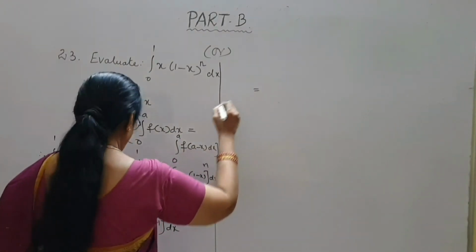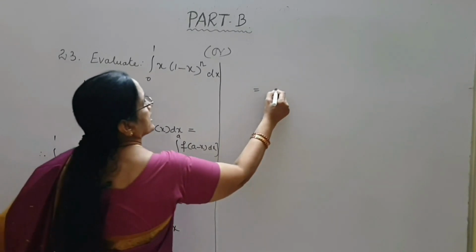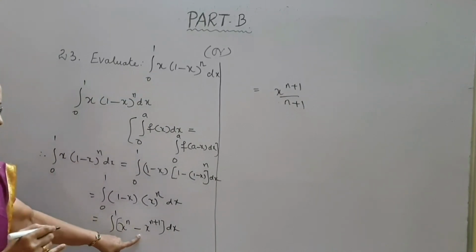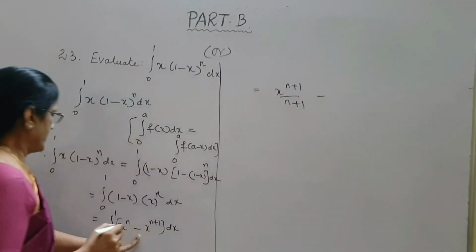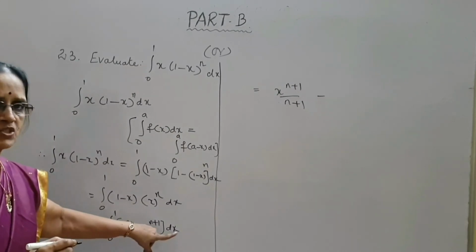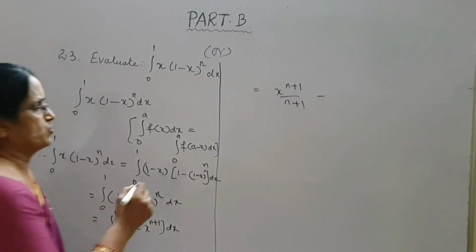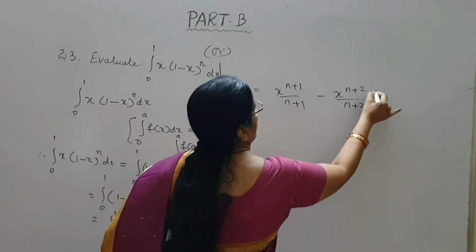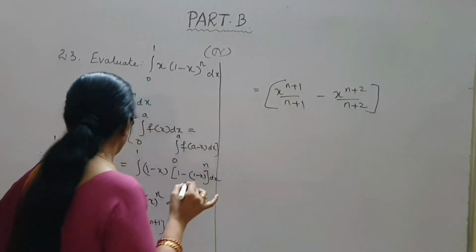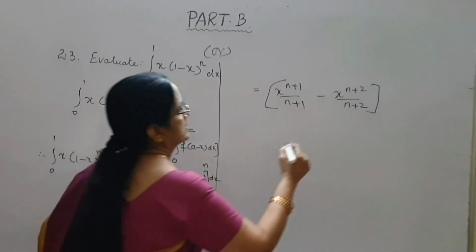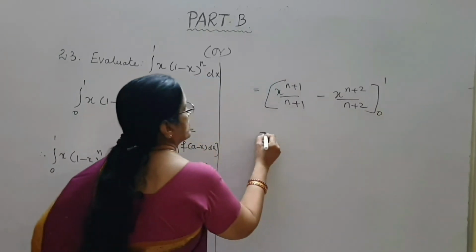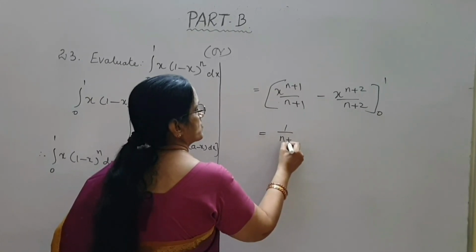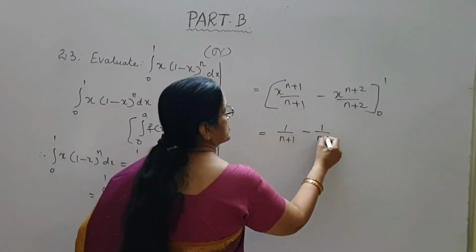This integral is nothing but x power n plus 1 by n plus 1 minus, when you integrate this, x power n plus 1 plus 1, so x power n plus 2 by n plus 2. And the interval of integration is 0 to 1. Now, when you substitute the upper limit x as 1, you will be getting 1 by n plus 1 minus 1 by n plus 2.